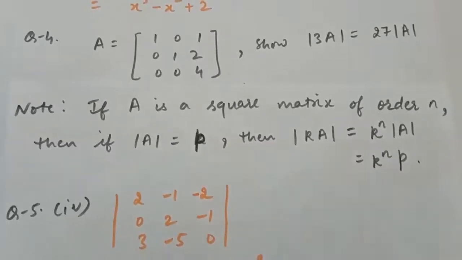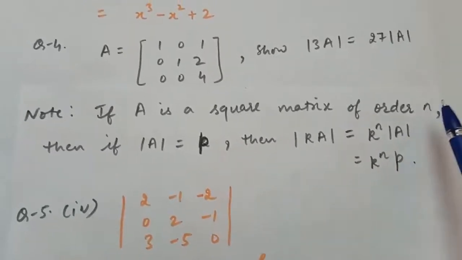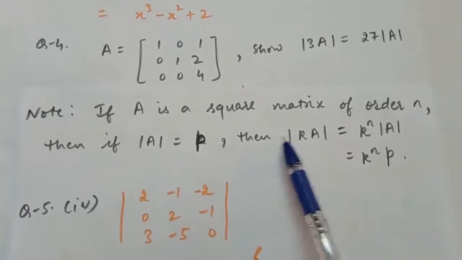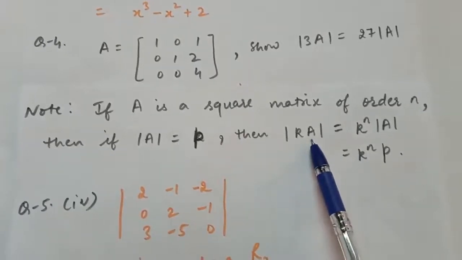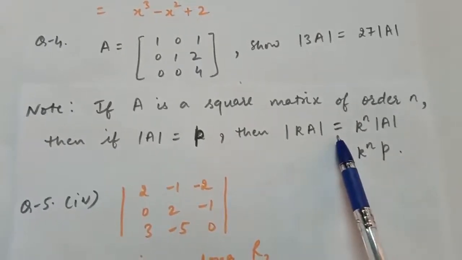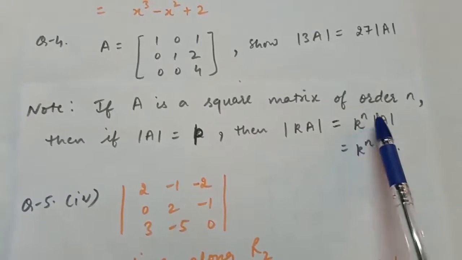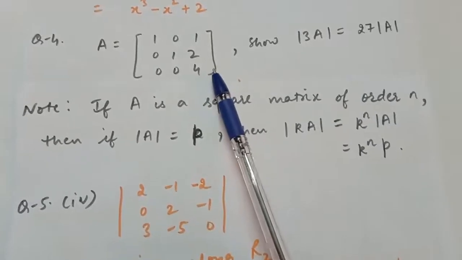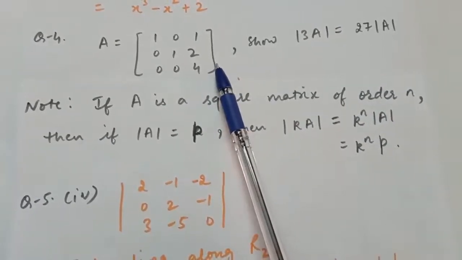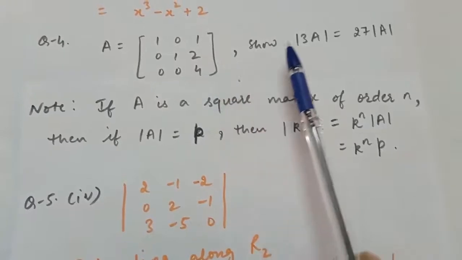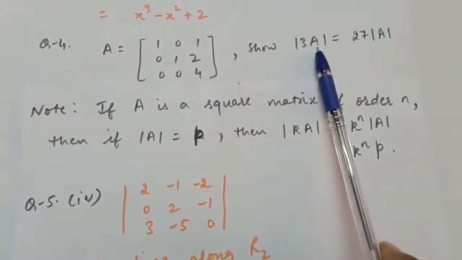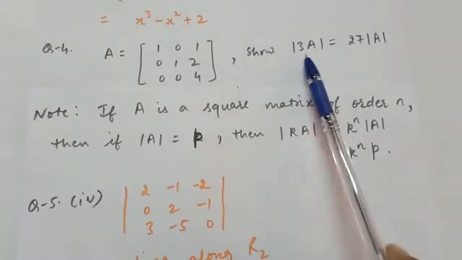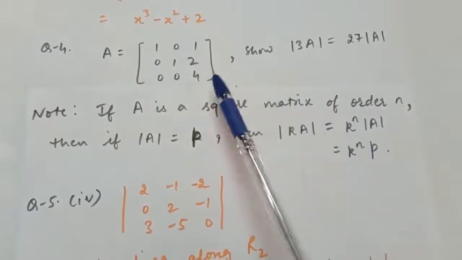This gives a note: if A is a square matrix of order n and if determinant of A is p, then determinant of k into matrix A is equal to k raised to the power n into determinant of A. This is what we have proved in question number 4, that if A is a matrix of order 3, then the determinant of 3A is equal to, now here k is 3 and n, the order, is also 3.